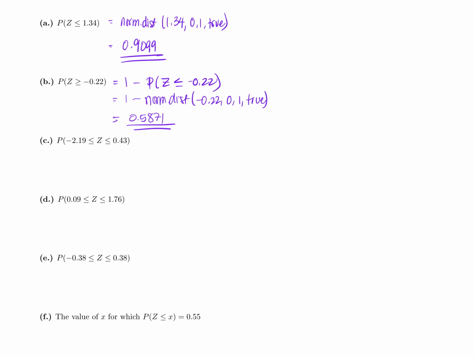But if we're looking strictly at Excel, this is going to be norm.dist of 0.43, comma 0, 1, and true, minus norm.dist of negative 2.19, 0, 1 and true, which ends up with 0.664 minus 0.0143 for a total probability of 0.6521.